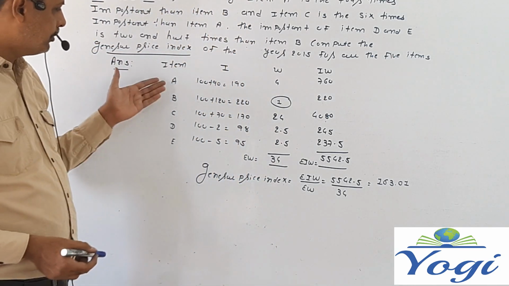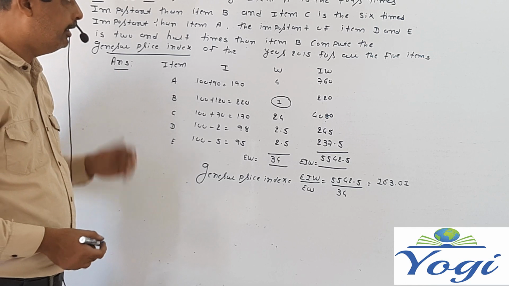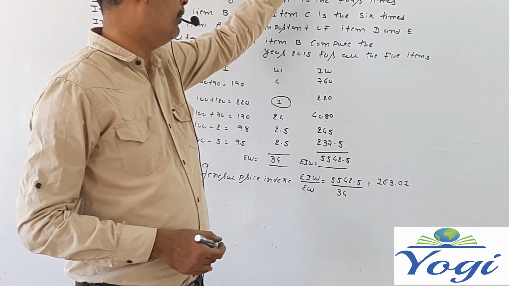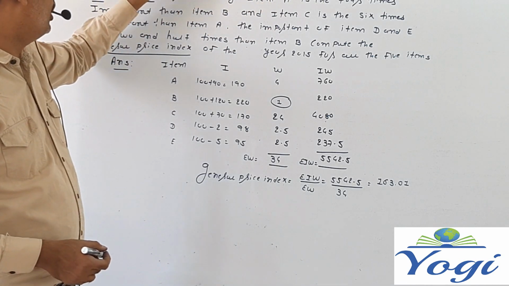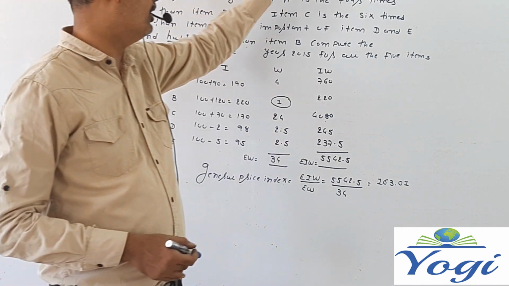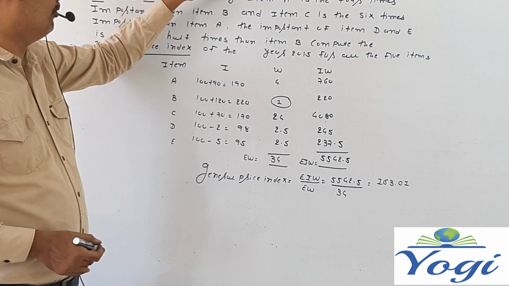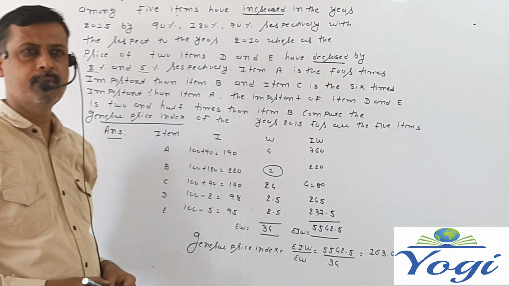Again, I am repeating this example. We have 5 items A, B, C, D and E. The prices of 3 items A, B and C among the 5 items have increased in the year 2015 by 90%, 120% and 70%.